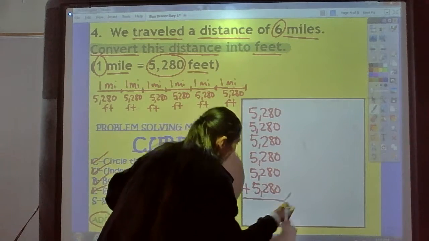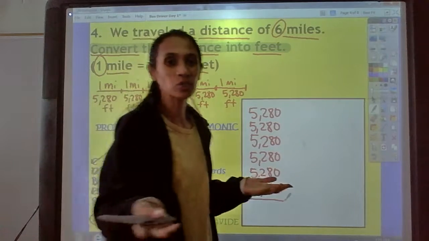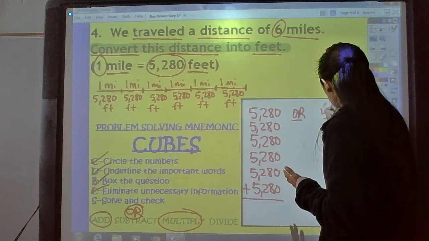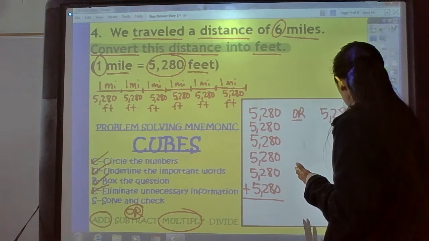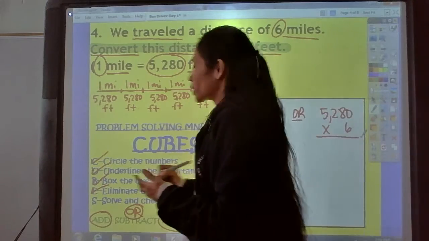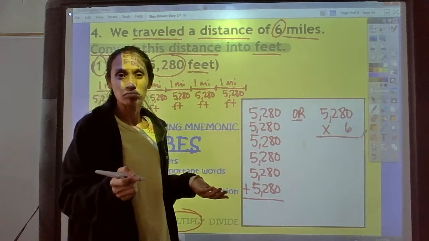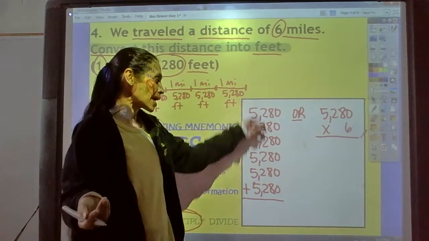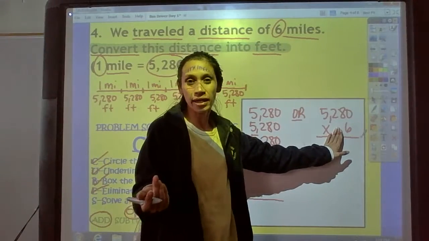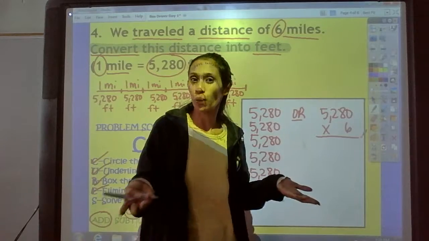All right, we can add that, or we can do 5,280 times 6. Which one do you want to do? Either one. You can add if you would like, or you can multiply if you want. I'll show you both ways, okay?